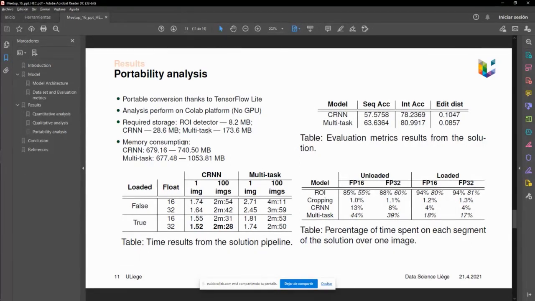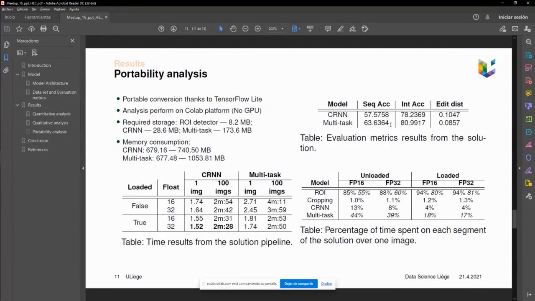And regarding the memory consumption, it fluctuates between 600 and 700 for the CNN model, and for the multitask model between 600 and 1 gigabyte of memory, basically. What we're trying to say is that those numbers are still within the limits of the mobile device capability.